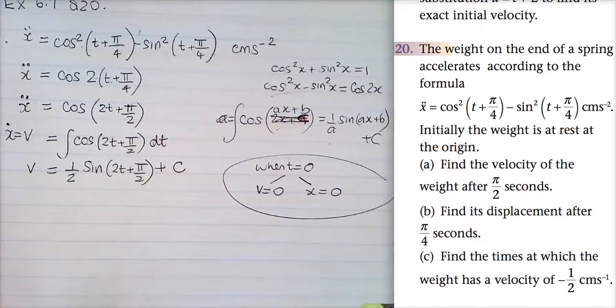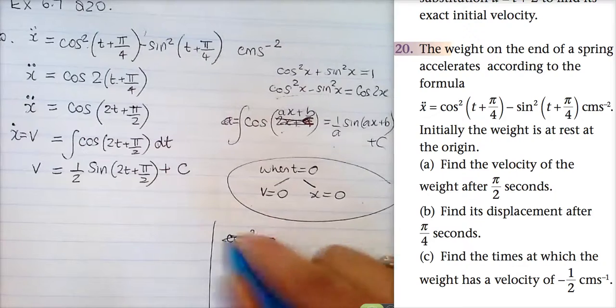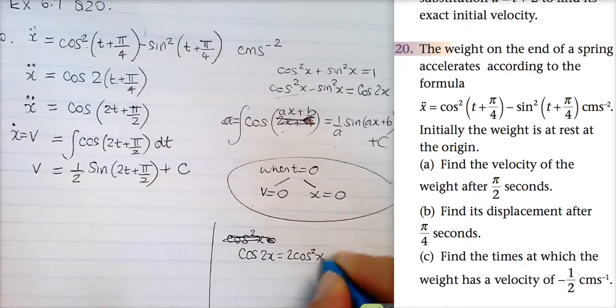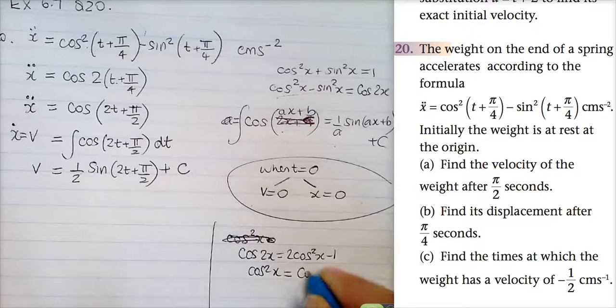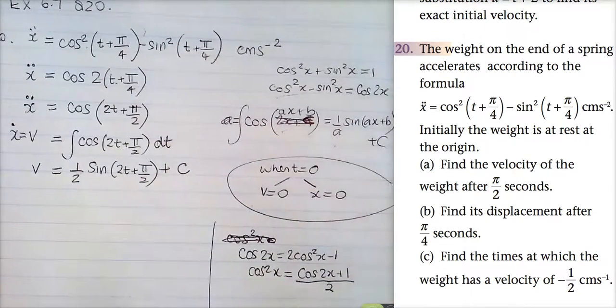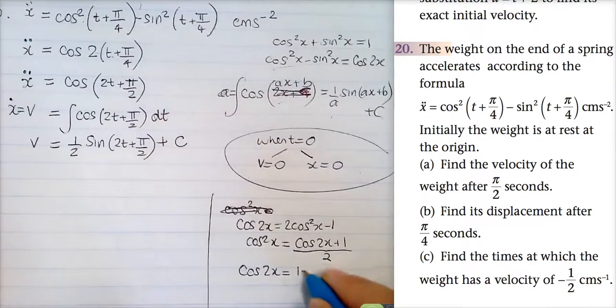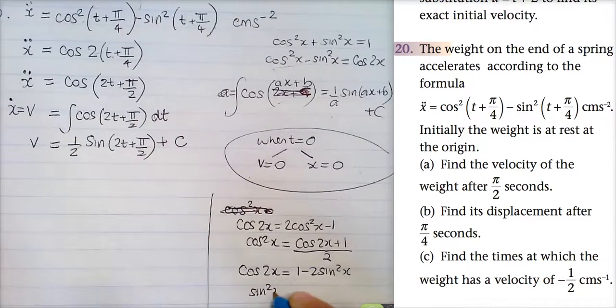Don't we know that cos 2x is 2 cos squared x minus 1? So therefore cos squared x is cos of 2x plus 1 over 2. But for those that were thinking of doing it this way, we know that cos 2x is also 1 minus 2 sine squared x. So therefore sine squared x is 1 minus cos 2x over 2.